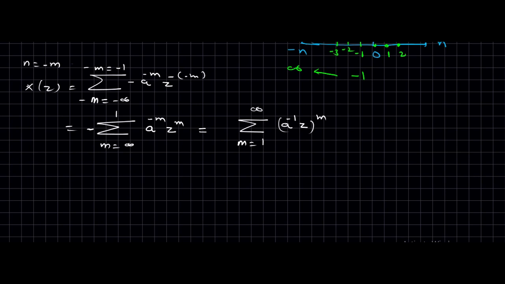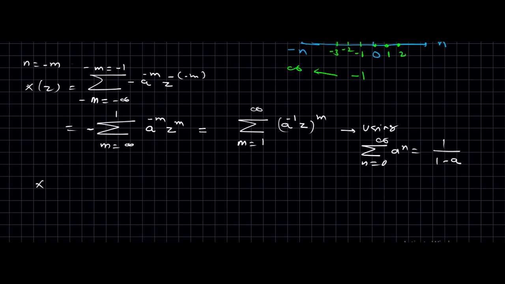Now we can use the relation: sum n equal to 0 to infinity of a raised to n is equal to 1 over 1 minus a. So here in place of a we have a raised to minus 1 z. The same term will appear here.